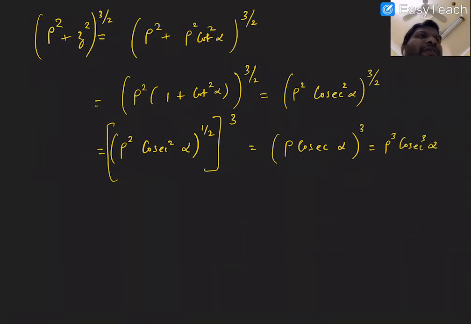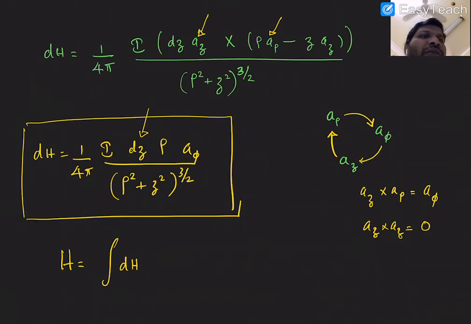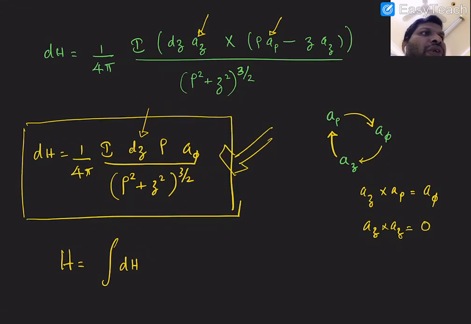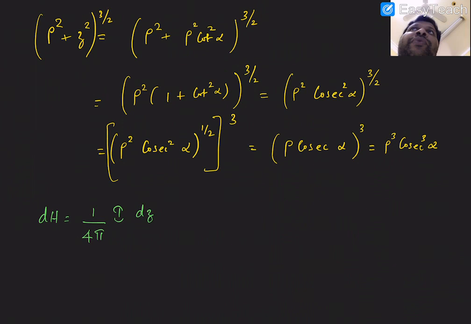Now we can substitute all this in the previous equation. Now you see dH is equal to 1 over 4 pi I into dl, and that dl we have already substituted. That is I into dz into rho, I will write again, I into dz into rho divided by rho square plus z square whole power 3 by 2.